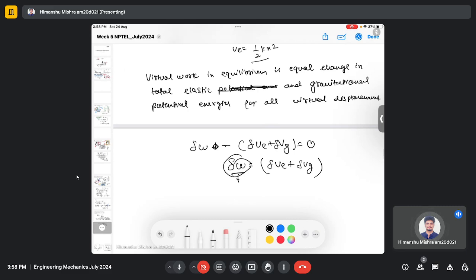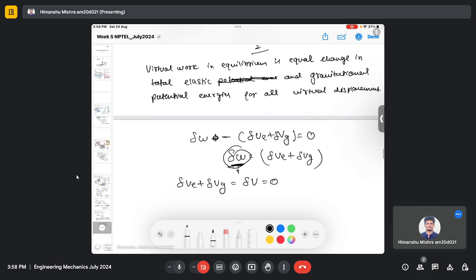And let's say you are not given any non-potential forces, or the forces given are completely due to the elastic member or the weight. Then this component will be 0, and you can write the change in the elastic plus gravitational potential energy, which is the total change in the potential energy, equal to 0, because the left hand side will be 0.